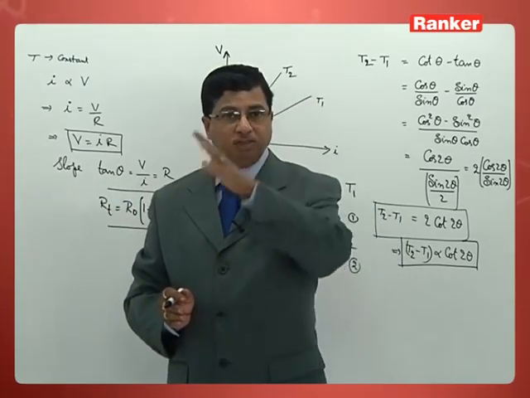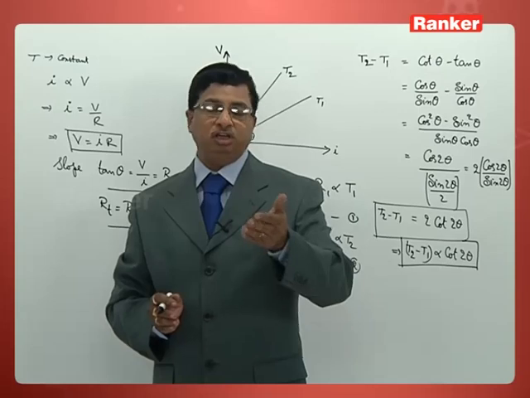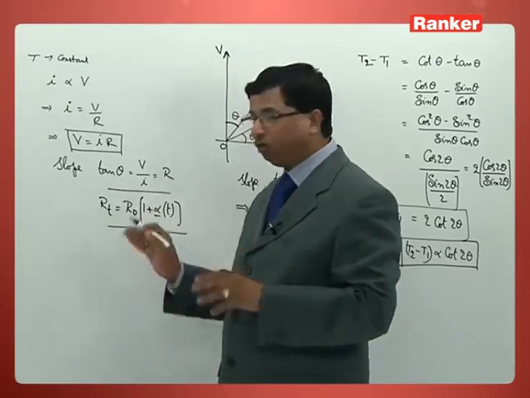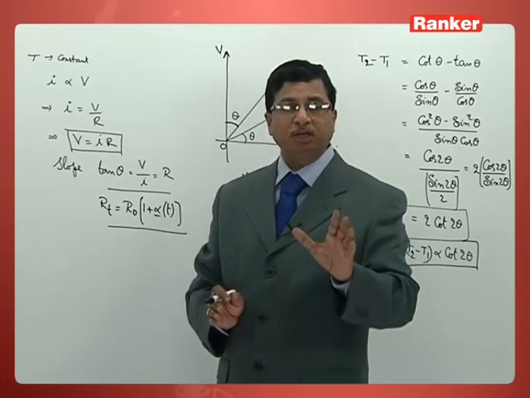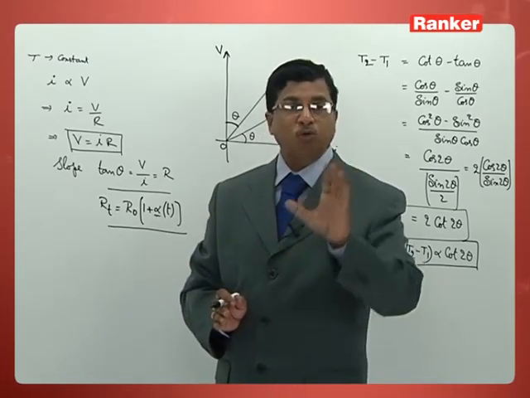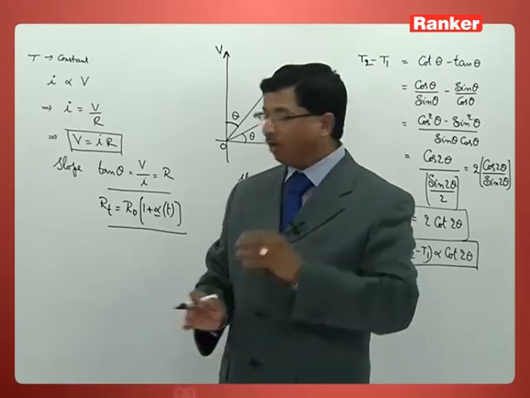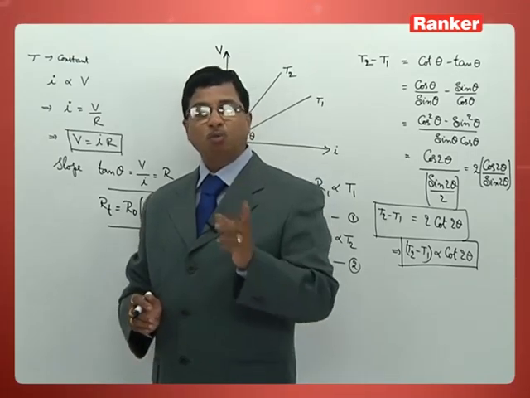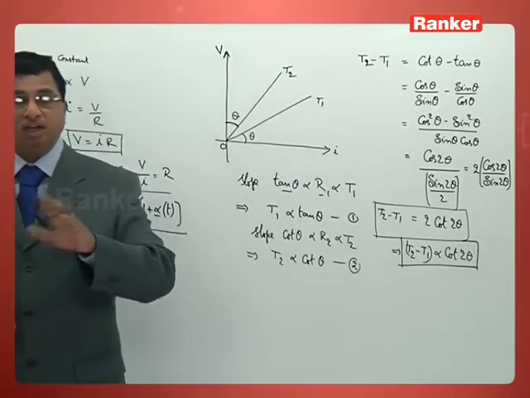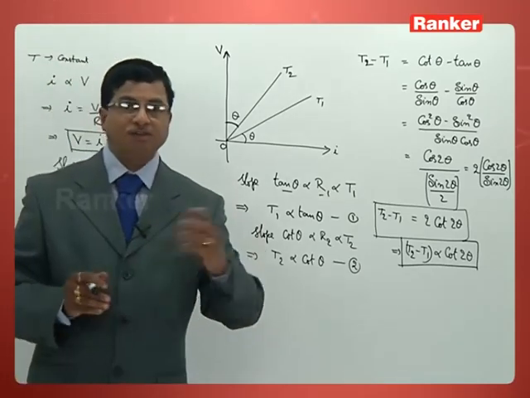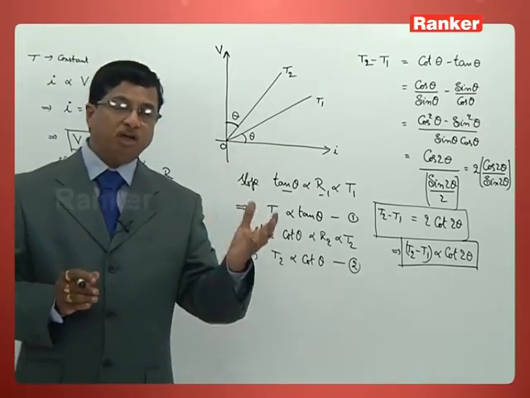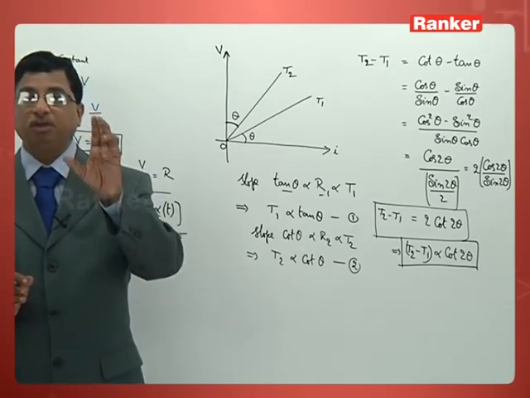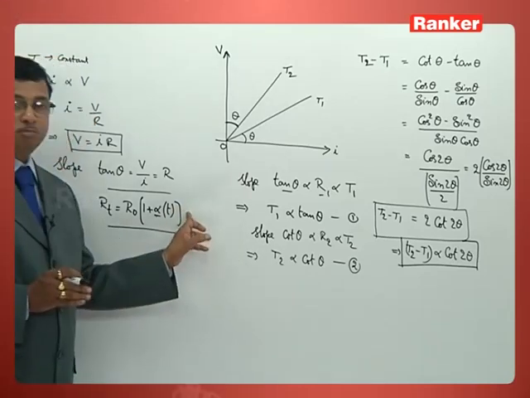So if alpha is positive for any material, it should be an ohmic conductor or ohmic material. Suppose you come across alpha with a negative sign, then one should consider that as a non-ohmic resistance. So that way, ohmic and non-ohmic categories you can remember from this equation.